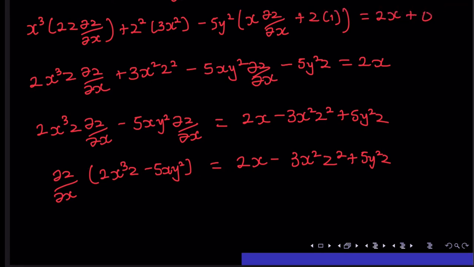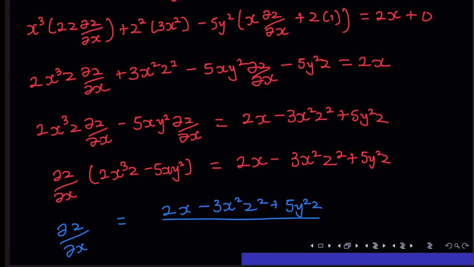So we are going to have del z del x to be giving us 2x minus 3x squared z squared plus 5y squared z divided by the coefficients, and thus 2x cubed z minus 5xy squared.